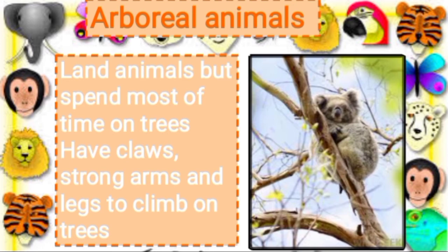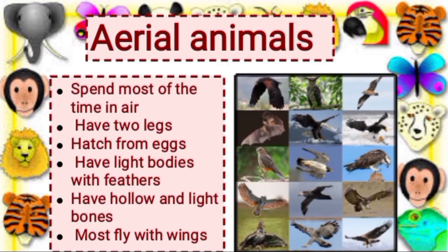They have sharp claws to climb up and down the branches and usually have strong and muscular limbs. Some can use their tail for holding onto the branches. For example, monkey.